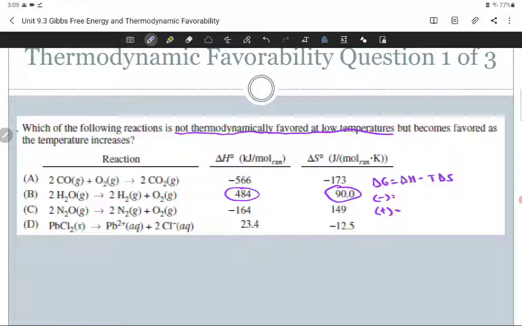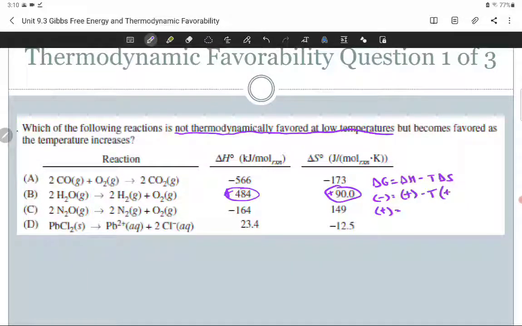I've done this before, so I kind of know what to go with, but if you don't, you'd start with A. If you don't like A, go to B. If you don't like B, go to C. If you don't like C, hopefully D looks good, or something went wrong along the way. So that's a positive value for the delta H. Remember, temperature is in Kelvin, always a positive value.